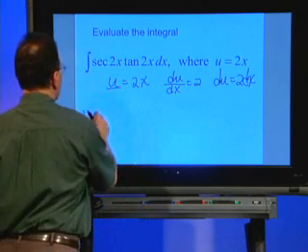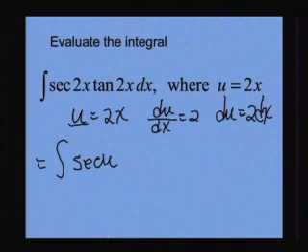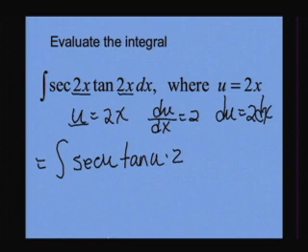And so what this would be equal to is the integral of secant u, because that's 2x, tan of u, because that's 2x, and then the dx can be replaced with du, but we have to take care of the fact of this 2, which then tells me that I can put a 1/2 out in front of the integral, and that takes care of the 2 that was part of the dx.